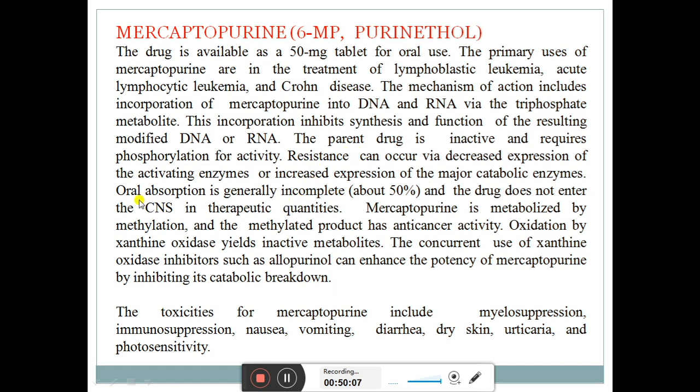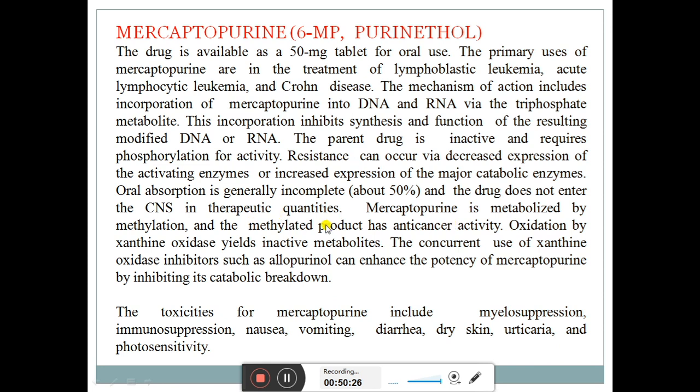Next, oral absorption is generally incomplete, about 50%. The drug does not enter the central nervous system. Mercaptopurine is metabolized by methylation, and the methylated product has anti-cancer activity.